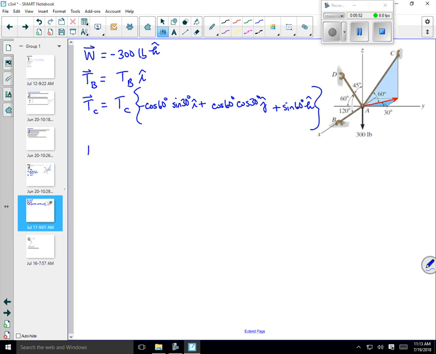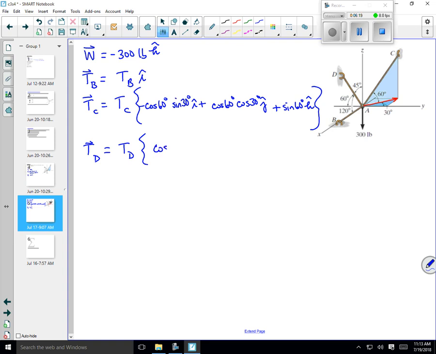Then we've got the vector TD, which has a magnitude TD. And here they give us direction cosines. Well, not quite. They give us the direction cosine alpha is 120 degrees. So I can write that one in there.